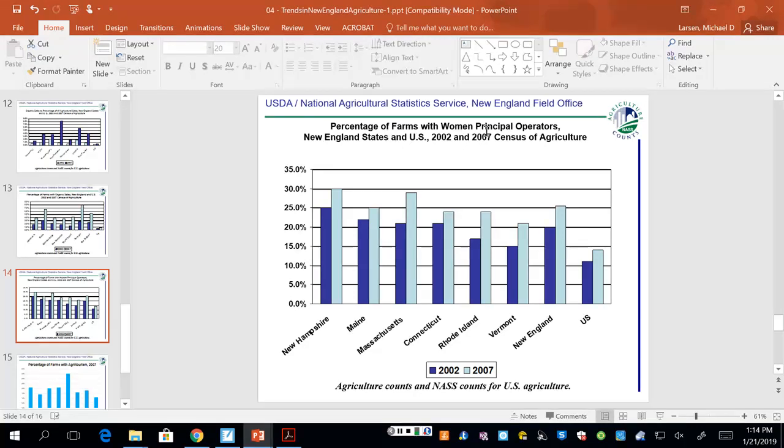Percentage of farms with women principal owners. State is a categorical variable. Is it yes, no, is it a female principal owner versus not? These things are very interesting to see in terms of trends.